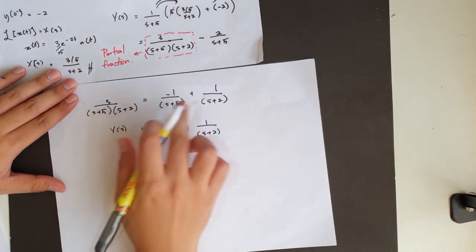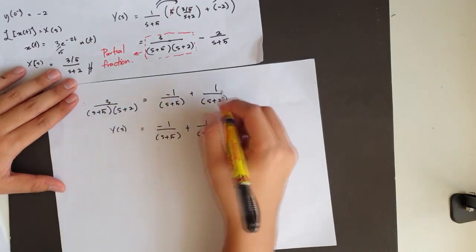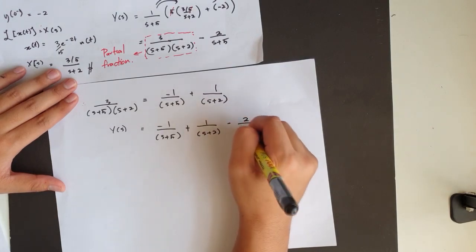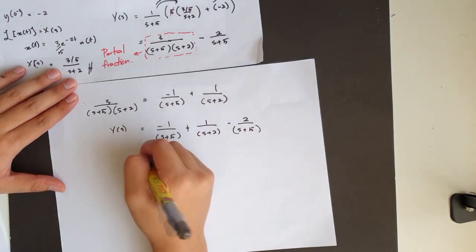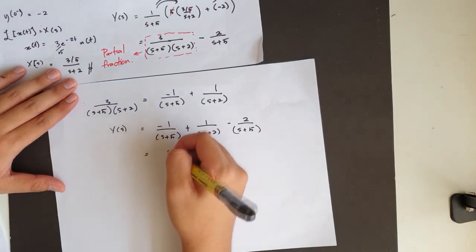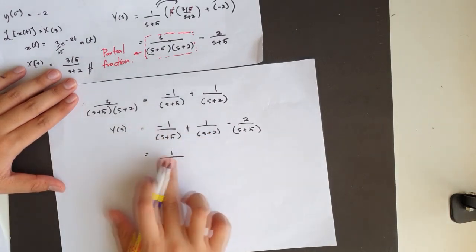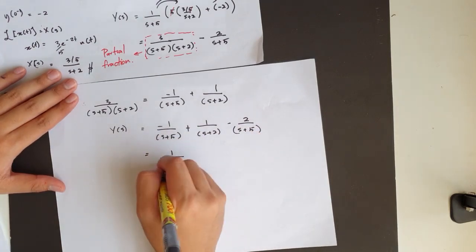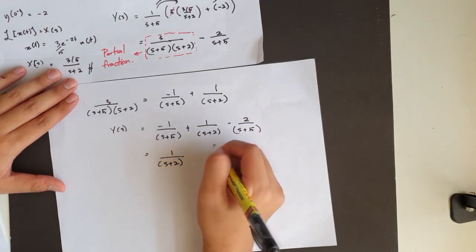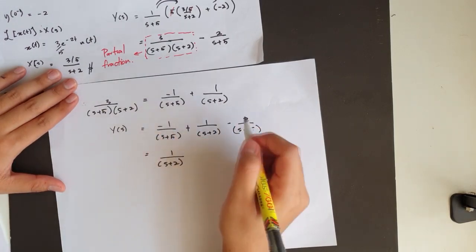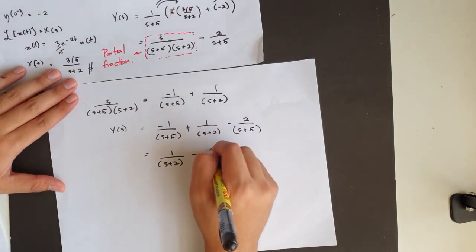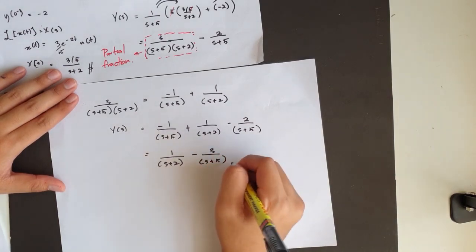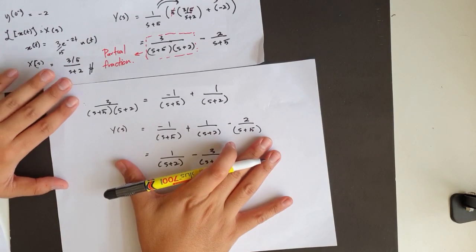So we write back, Ys is equal to negative 1 over s plus 5 plus 1 over s plus 2. This is only for the partial fraction, and minus the 2 over s plus 5. According to this one we got the value 1 over s plus 2. This one minus this one, for this one we get negative 3 over s plus 5. Okay, this is the Ys.